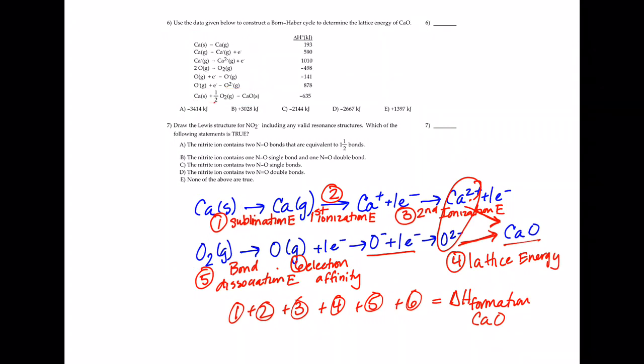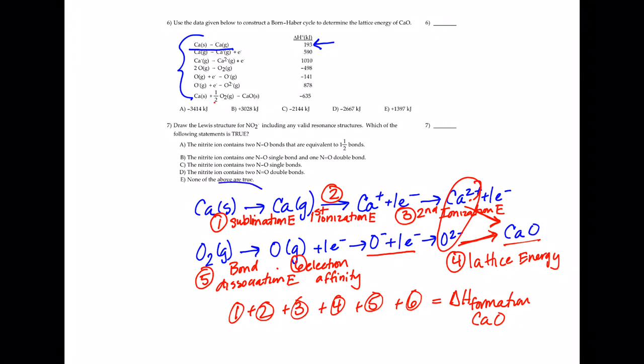So let's use these processes and these numbers that are given over here to put them in. So we're going to look at these numbers and decide which one goes in each one of these 1 through 6 places, or the delta H of formation of calcium oxide. Okay, looking at this first one, that's taking calcium solid and making it into calcium gas.